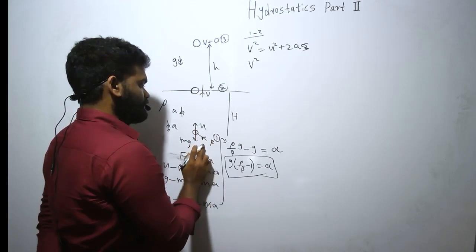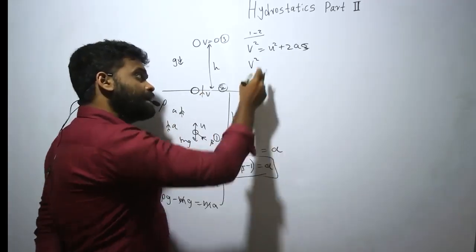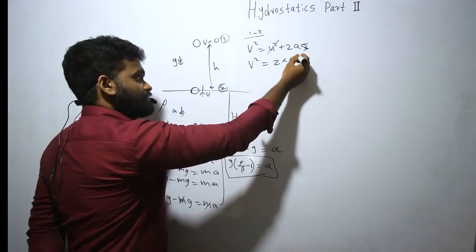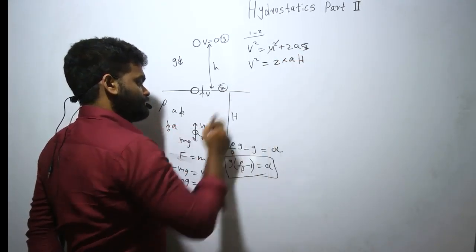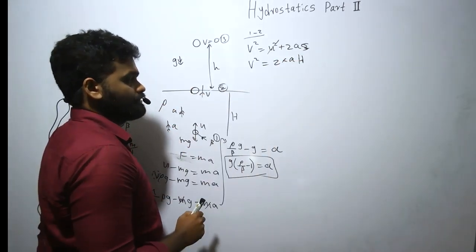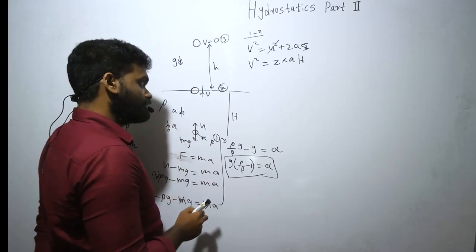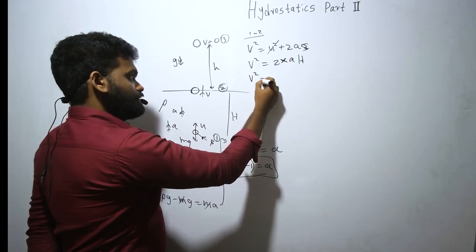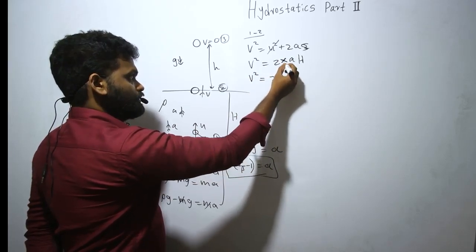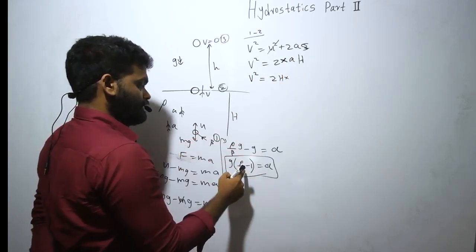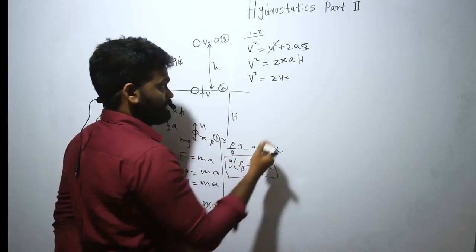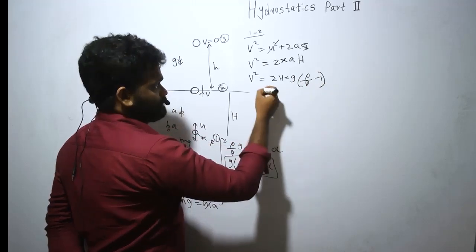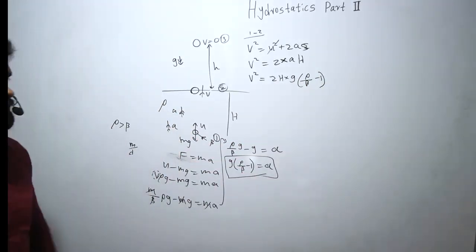It gains a velocity from here to here. Initial velocity is 0. 2 acceleration times simple S, meaning capital H from here to here. Okay? Right. So I'll get an equation for 2H times A in terms of this one. So simple A means g rho divided by beta minus 1. So this is v squared, right?